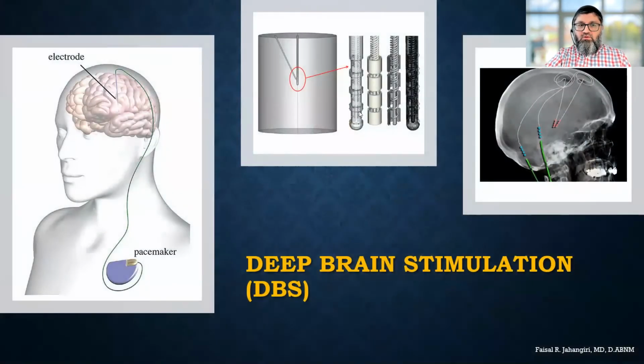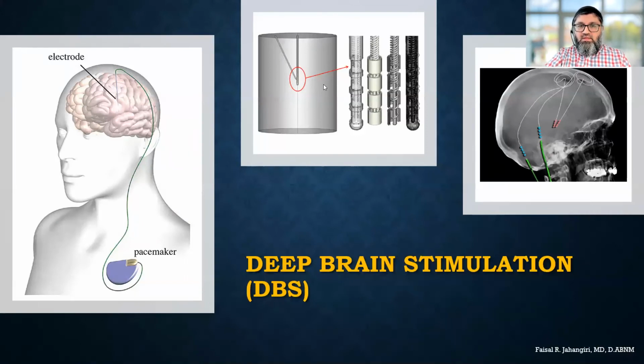Deep brain stimulation electrodes. Those are another type of electrode which are used for deep brain stimulation. They come in different sizes, different contacts, full rotation, and can be used for various movement disorders, Parkinson disease. We have recording electrodes and stimulation electrodes. The recording electrodes are known as MER, microelectrode recording. You go micrometer by micrometer and identify the target, which depends: if it's a Parkinson patient, you go to the subthalamic nucleus.